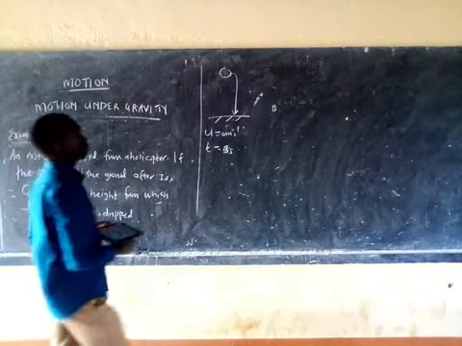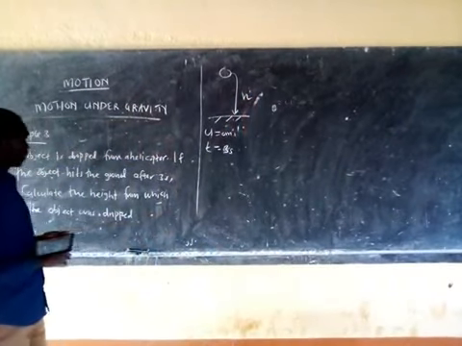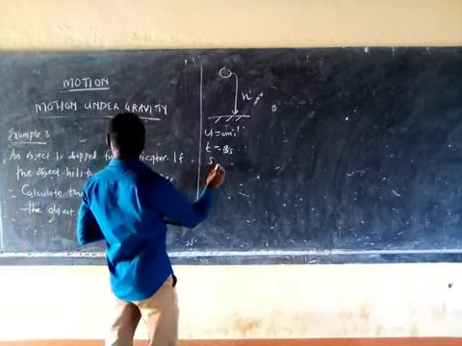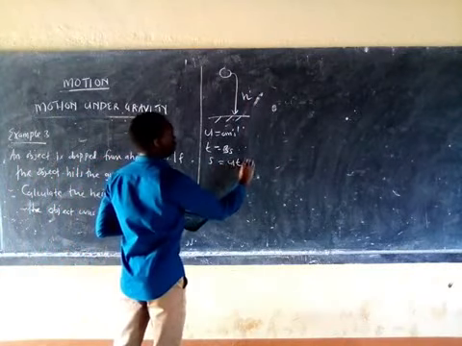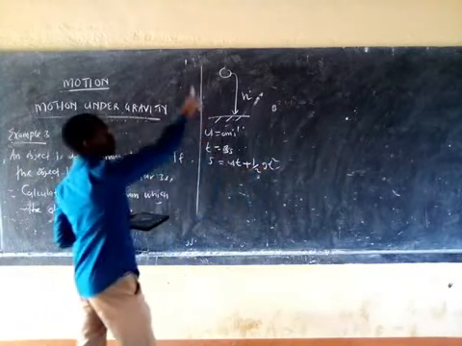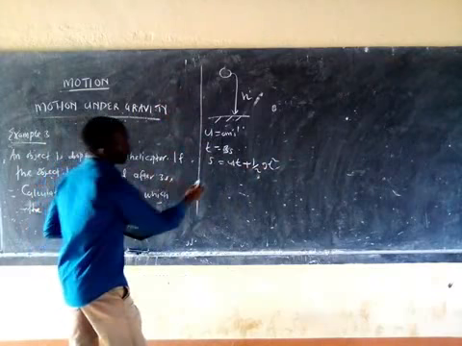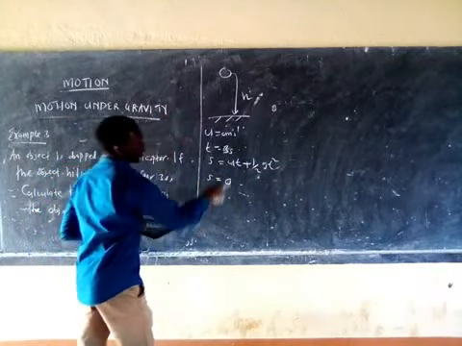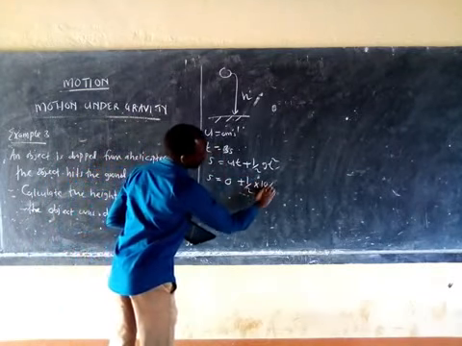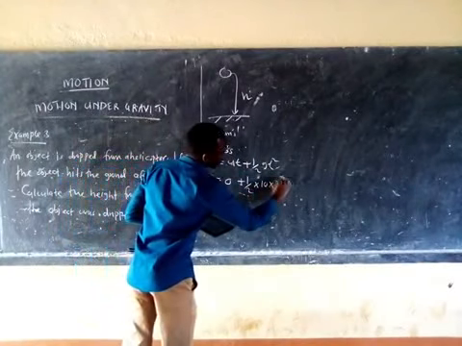In this case, the required quantity is distance. I would use the expression S equals UT plus a half GT squared. Why plus? The body is coming down, moving in the same direction as gravity. So S equals 0 plus a half, times our G which is 10, times our T which is 3 squared.